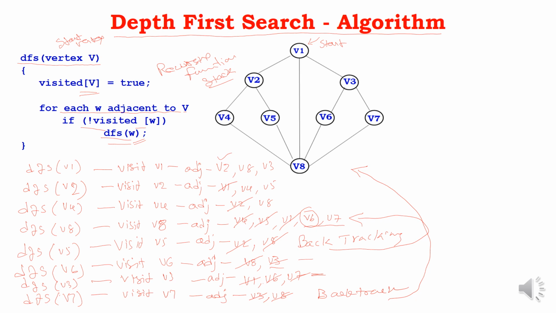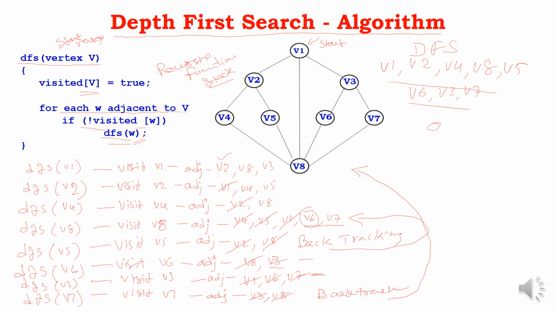The sequence we have got here is V1, then V2, then V4, then V8, then V5, then V6, then V3, then V7. This is the sequence generated with the depth first search algorithm.